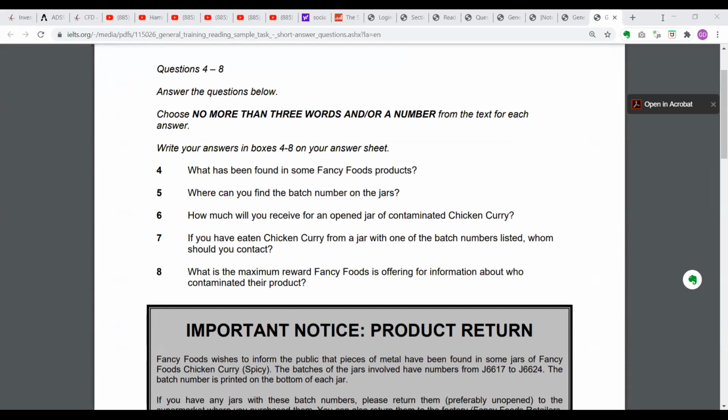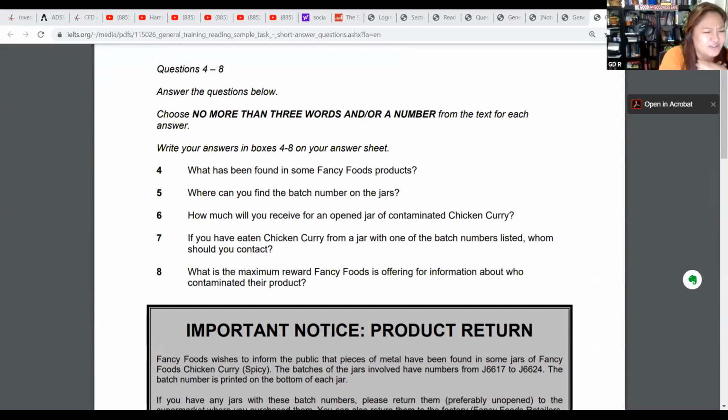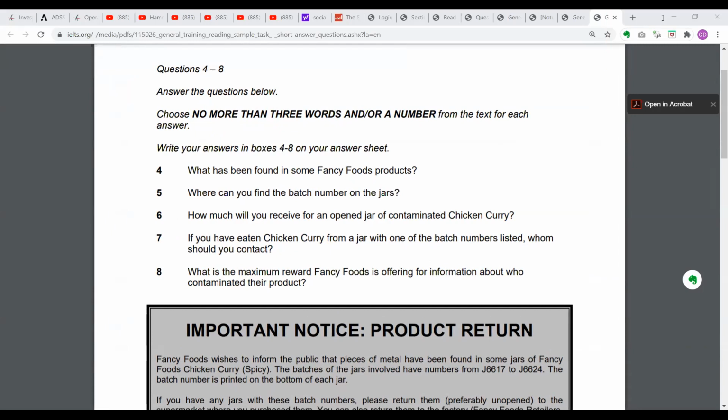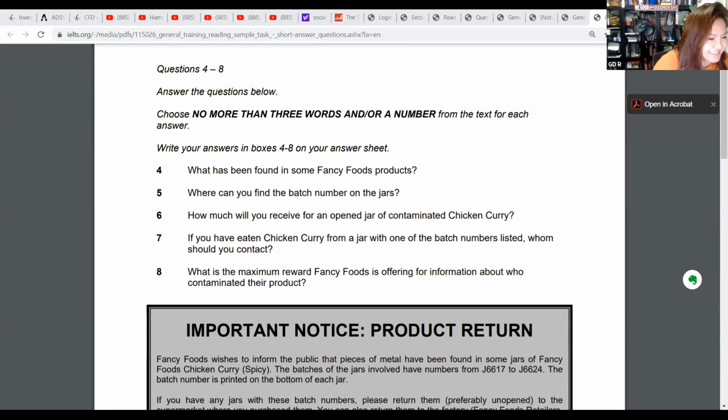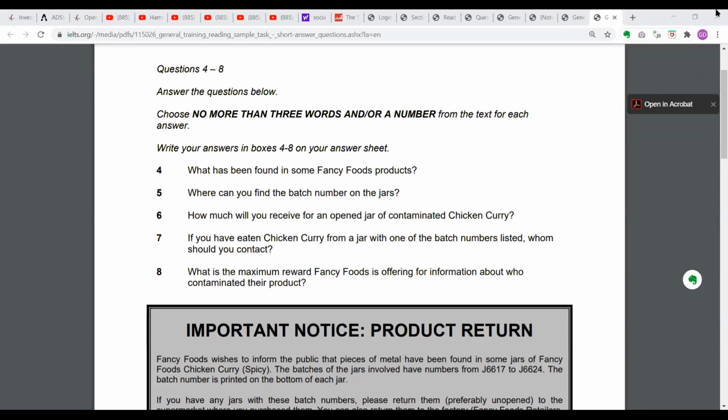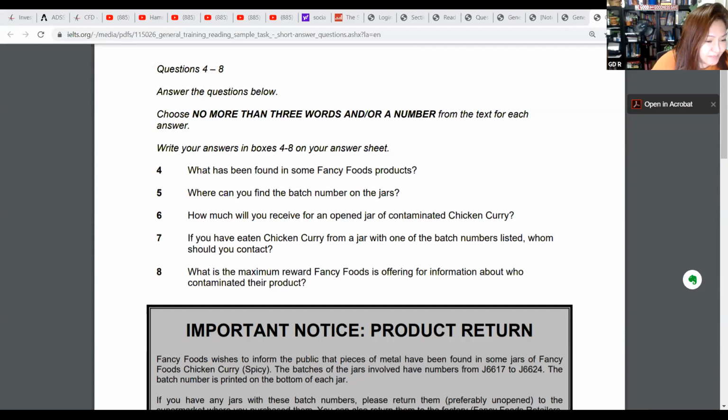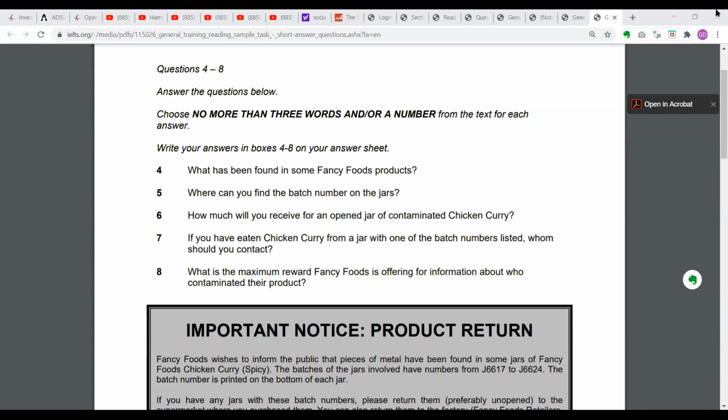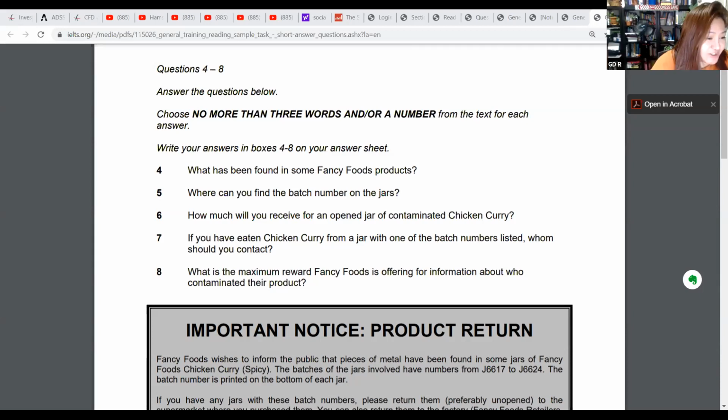Ang haba pala ng 3 oras, no? Is it okay lang po ba, book sa test? Okay lang po mag-double booking? Ng IELTS exam? Oo. Hindi, okay lang. Kailan? 2 weeks ang pagitan or 3 weeks?